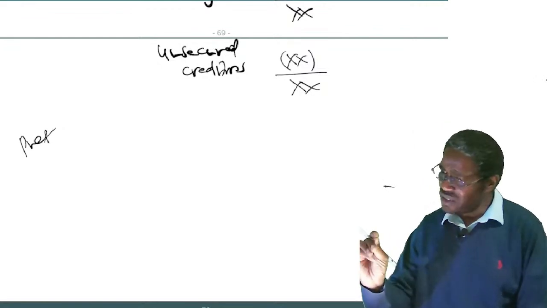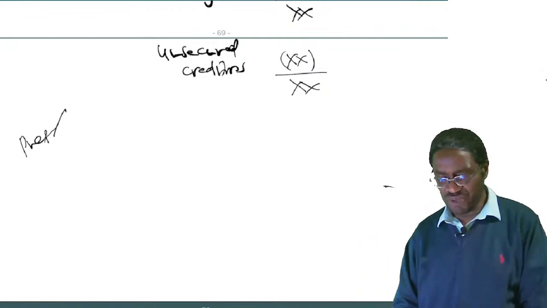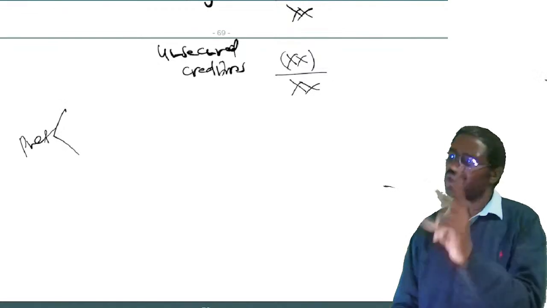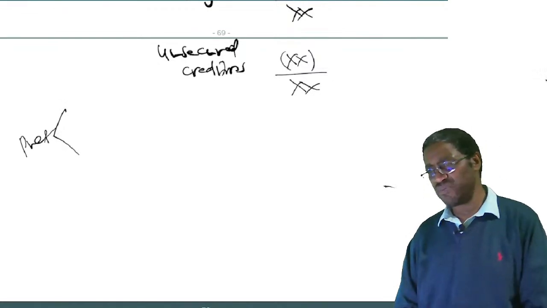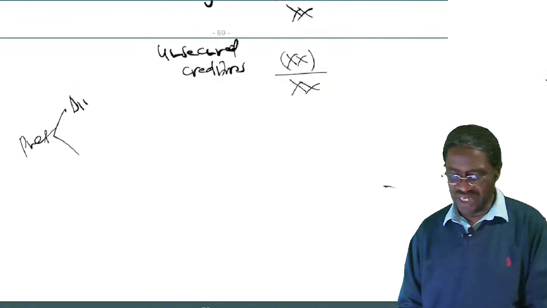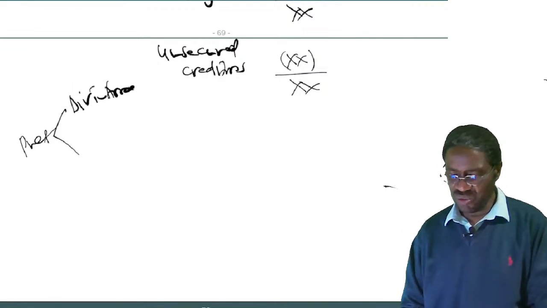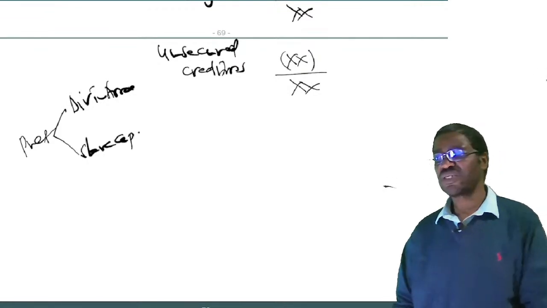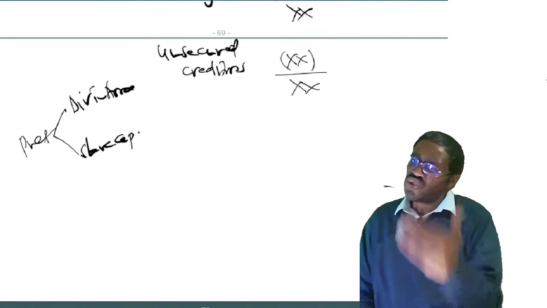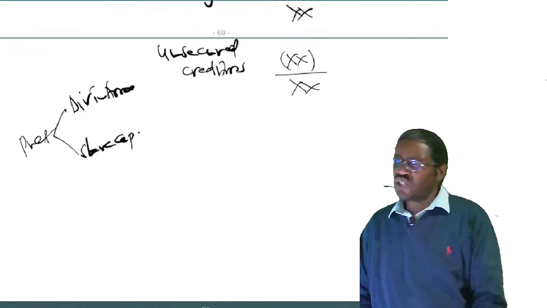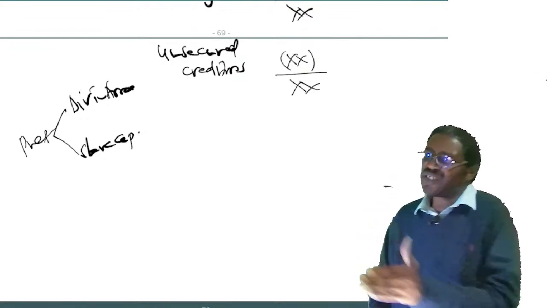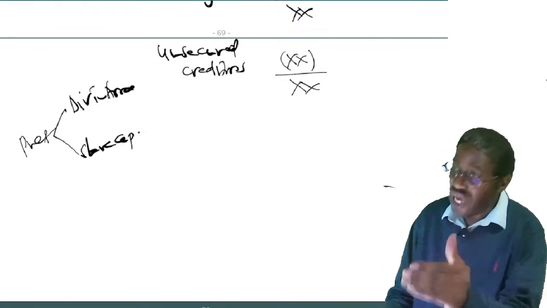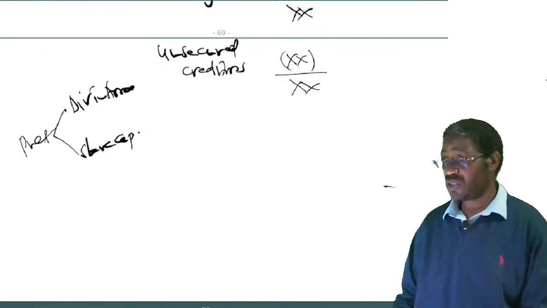But then again, when it comes to preference shareholders, there are two things that you could be owing to them. One is their dividend in arrears, and two, their capital, that is share capital. So the question is, what should I pay them first? Should I pay them the dividends that are still in arrears, or should I pay them their capital first?